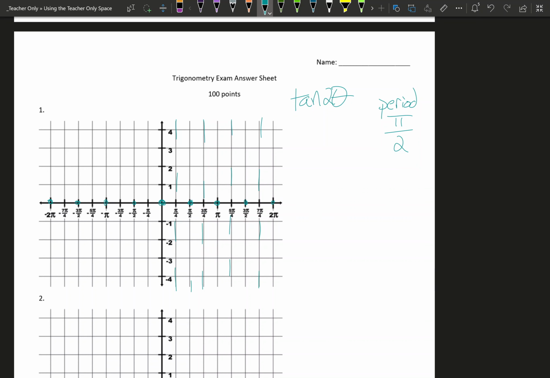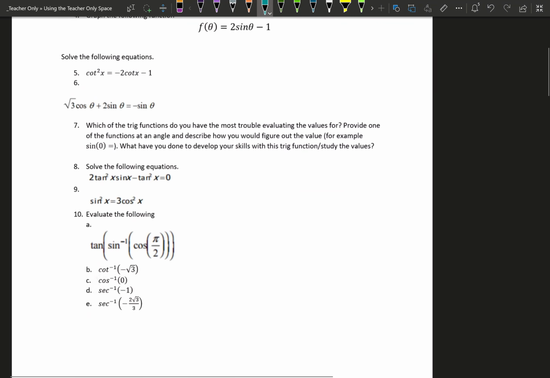It is going to repeat more frequently than the standard tangent function does. And then tangent is always increasing. So it will look like this between all of our graphs. So the most common mistakes here were people getting the asymptotes wrong or making it more spread out instead of more compressed for the period.